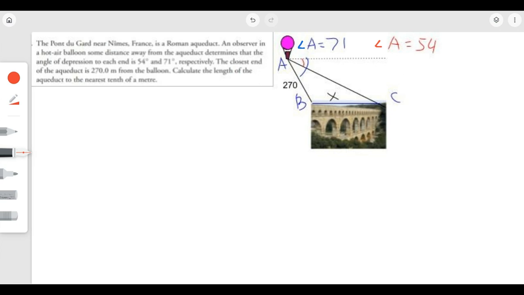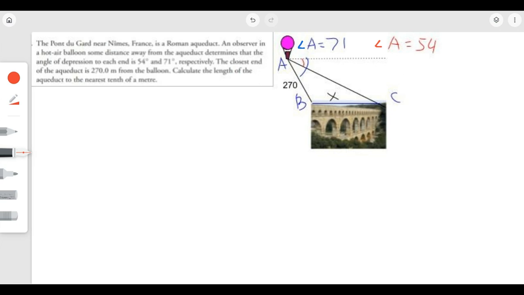The angle in blue is angle A, equals 71 degrees, and the angle in red, angle A, is 54 degrees. The distance AB between the balloon and the nearest end of the aqueduct is 270 meters. So we need to calculate the length of the aqueduct.